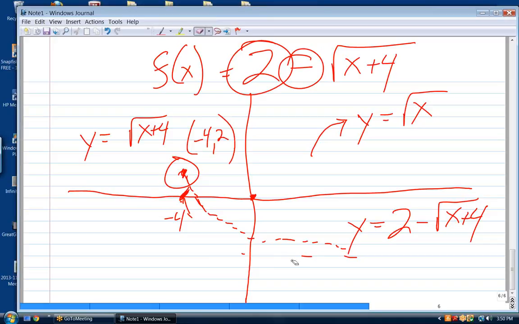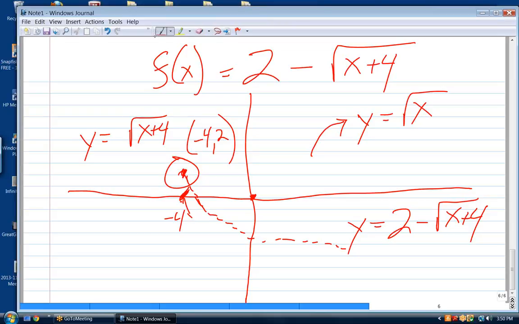Okay. Now, when you're translating elementary functions, the only thing to really keep in mind is do your reflections before you do anything else. In this case, I actually did this horizontal translation first, and then I did my reflection.